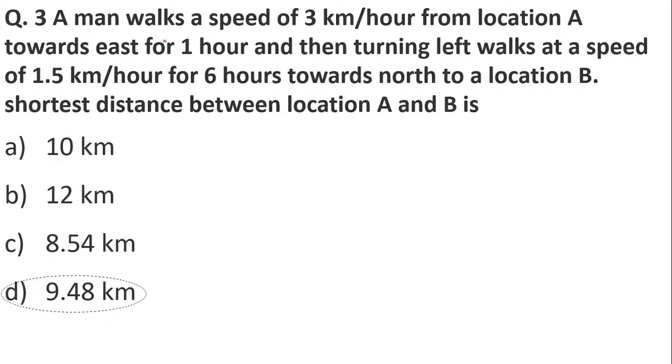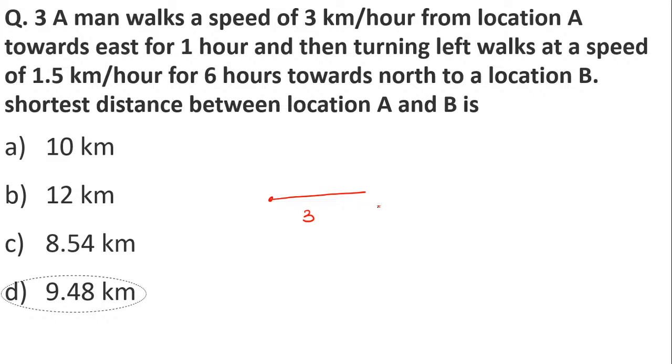The question is saying a man walks at a speed of 3 kilometers from location A towards east. So this is location A, and then the person walks for 3 kilometers. Okay, Brahmi, Chanappa, Sumanta has given the right answer. Very nice.